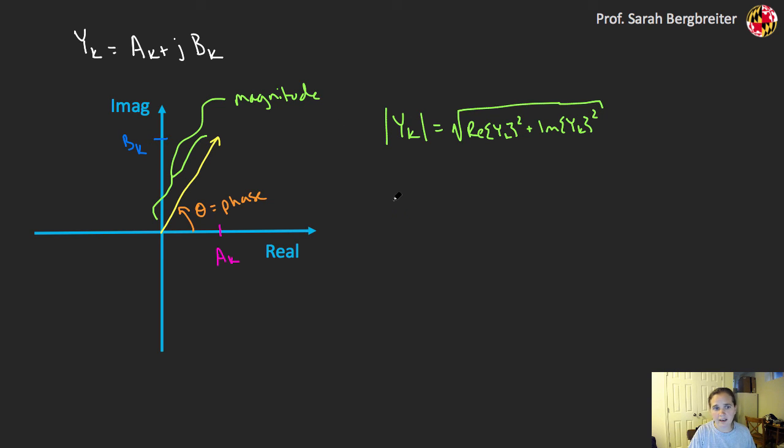And similarly, I can calculate the phase of my complex coefficient. So sometimes I write it as phi of y of k, sometimes I might write it as the angle of y of k. Regardless, that's equal to the inverse tangent of the imaginary part of my coefficient divided by the real part of the coefficient.